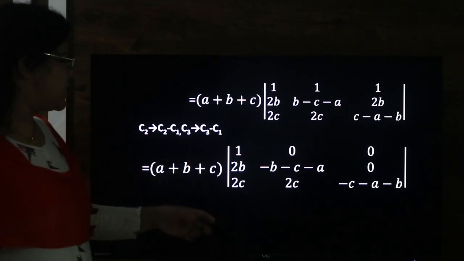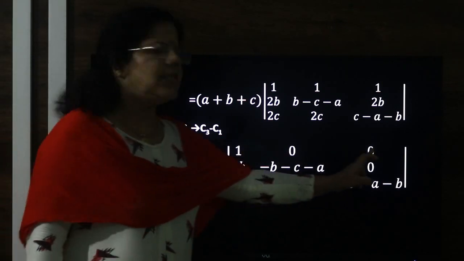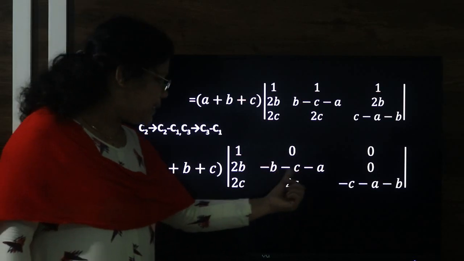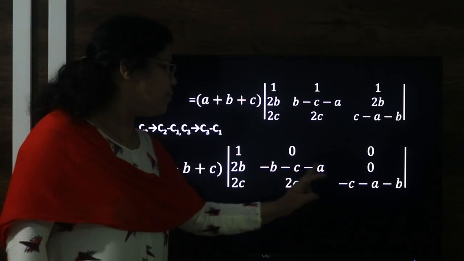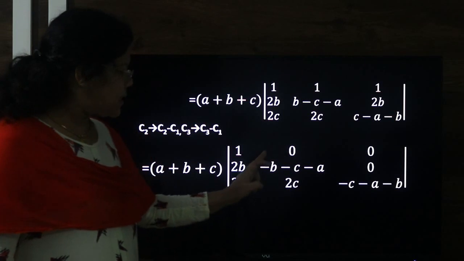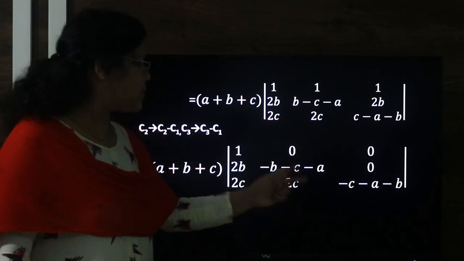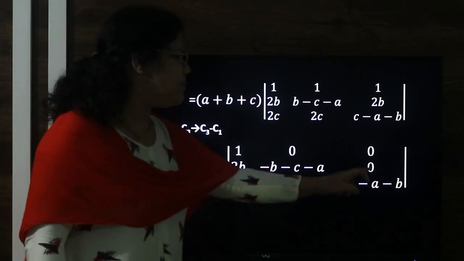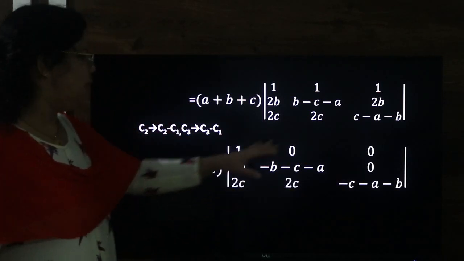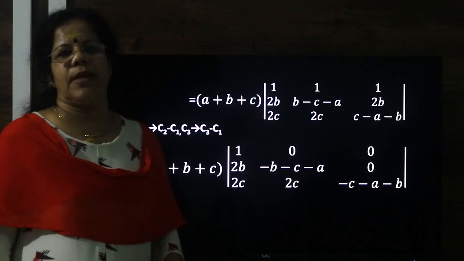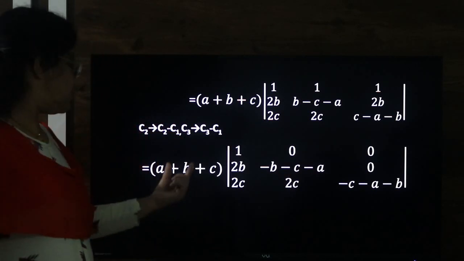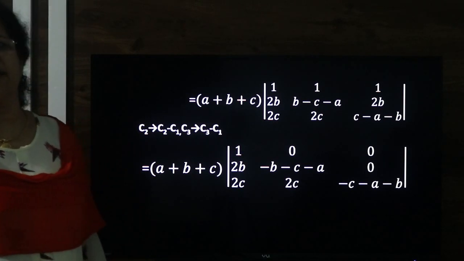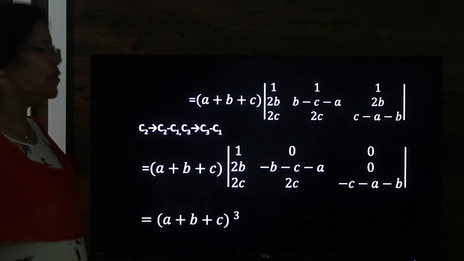A plus b plus c outside, the 1 into, using the first row we expand, 1 into, negative can be taken outside from both. So negative into negative is positive, so a plus b plus c, a plus b plus c, so a plus b plus c whole square, and the other term becomes 0. So finally, this determinant will give you a plus b plus c whole square and outside a plus b plus c, so a plus b plus c whole cube. That is the final answer. We have to prove it as a plus b plus c whole cube.